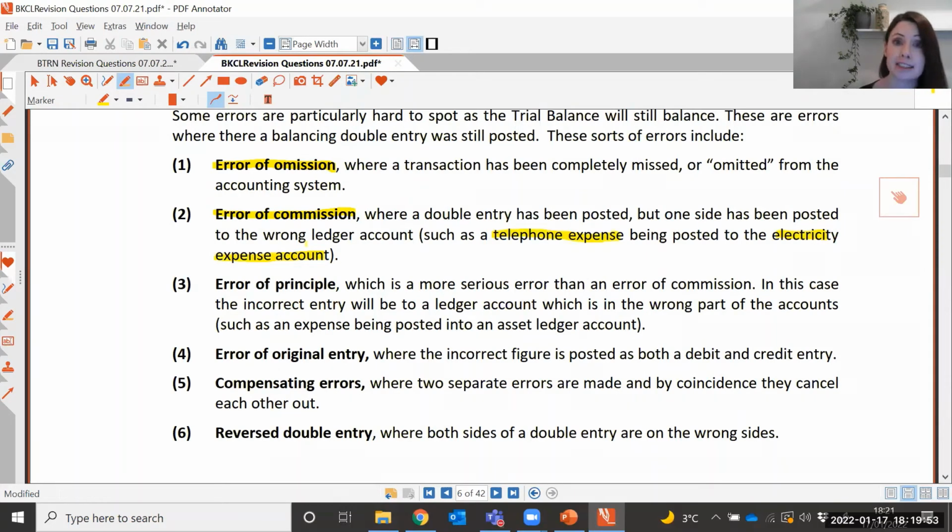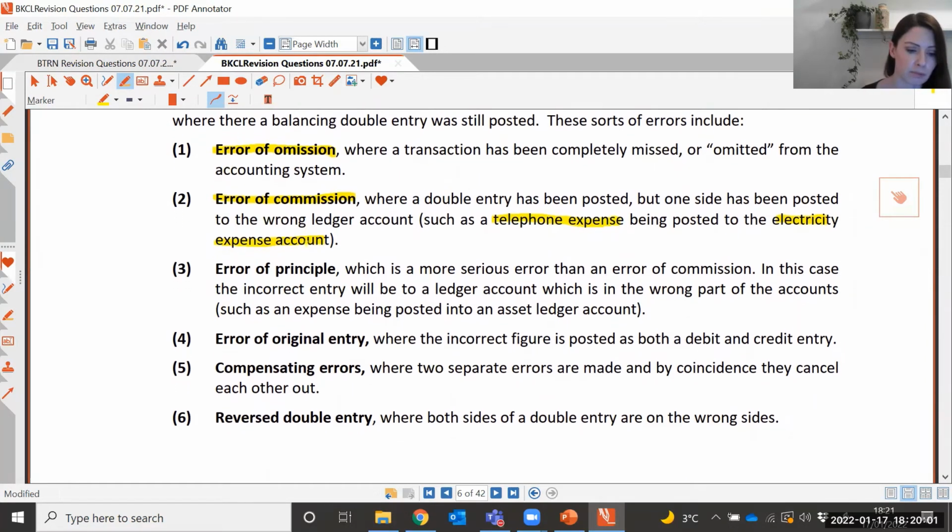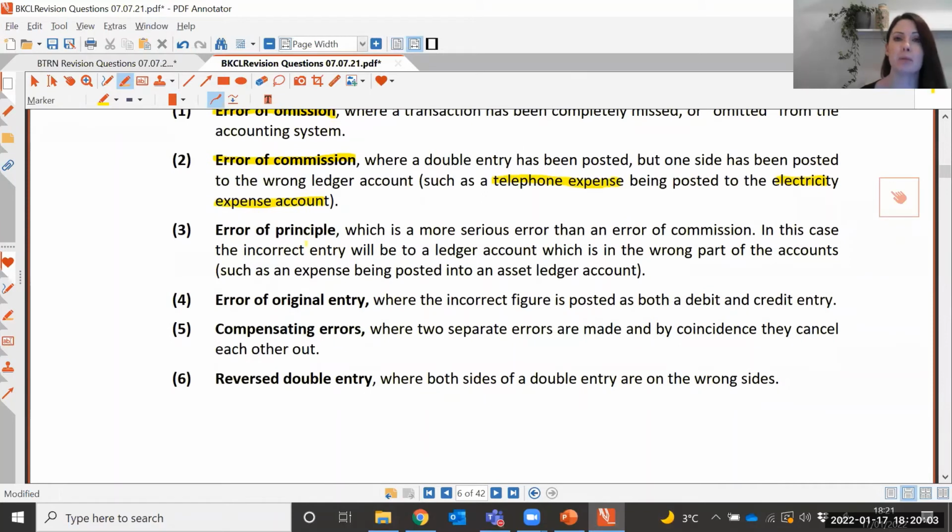So it's the right type of account, meaning it's an expense account, it's just the wrong one. So with that, it's still a debit, whichever expense account it's going to, it'll still be posted as a debit. It was just posted to the wrong account. So that wouldn't be easy to spot within the trial balance because it wouldn't cause it to not balance.